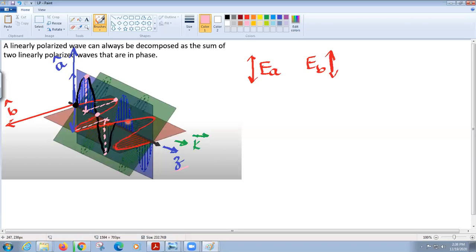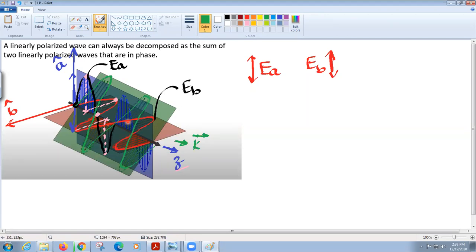And when you try adding these two components, this guy is EA, and this red guy is EB. So when you try to add these two, what are we going to get? We are going to get this green wave.